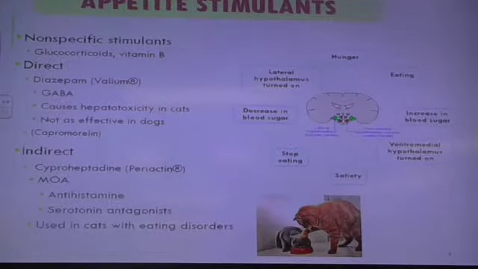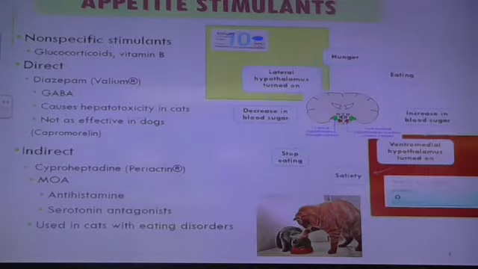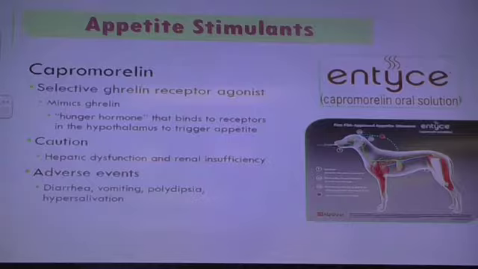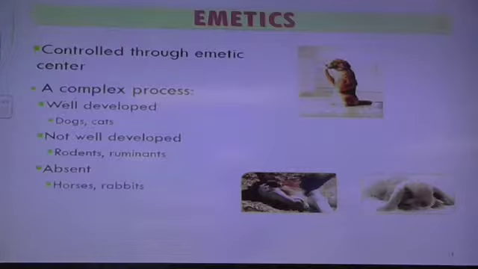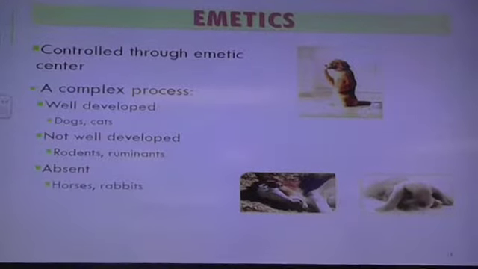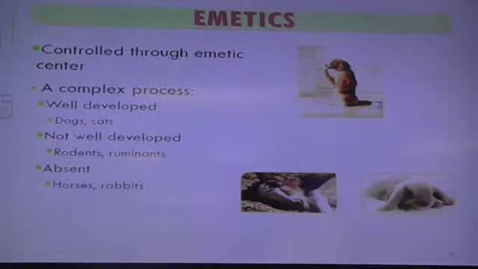So it's like a ghrelin hormone analog, and the name of the drug is captopril. It was launched in 2016, that's me last year. It's just launched one year, yeah. It's totally brand new, and only approved for use in dogs, not in cats.